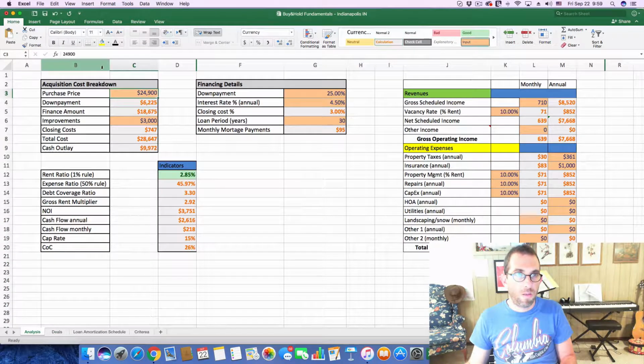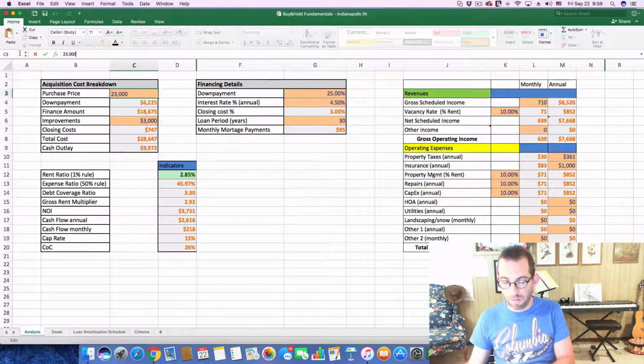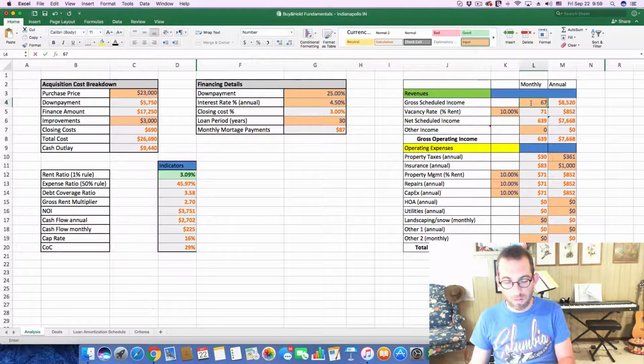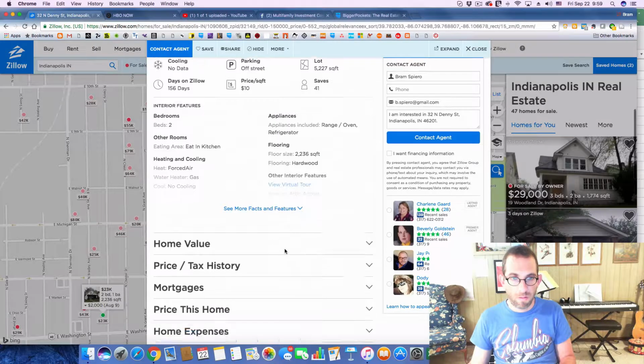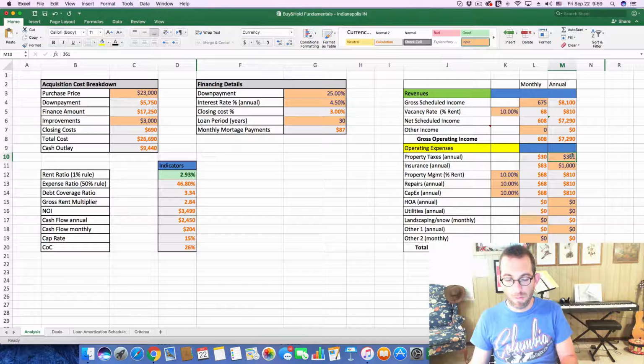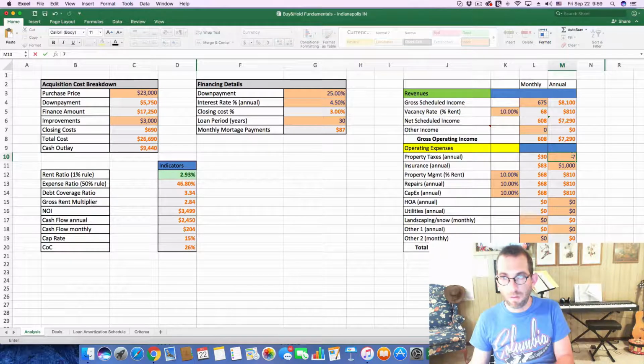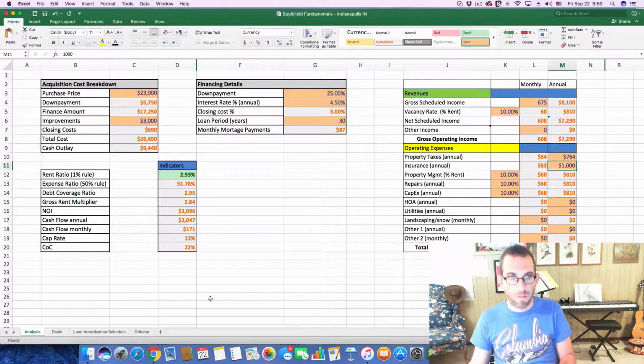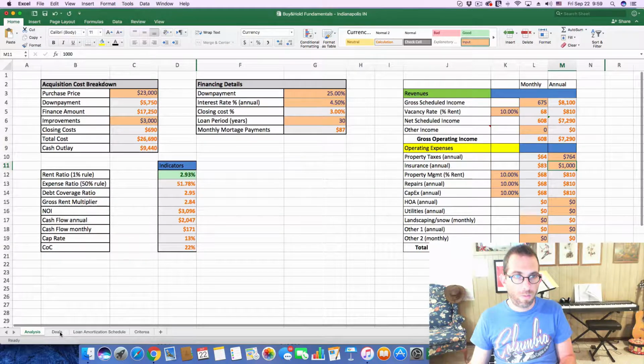Let's see how it works out with them numbers. 675 taxes 764. 171, 22%.